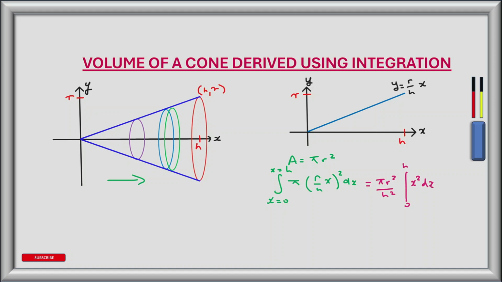If we now integrate this using the power rule, we get the volume of our cone is equal to pi r squared over h squared multiplied into x cubed over 3 from 0 to h, and that equals pi r squared over h squared multiplied by h cubed over 3 minus 0, and that is pi r squared h over 3. So that proves that the volume of our cone is pi r squared h over 3.